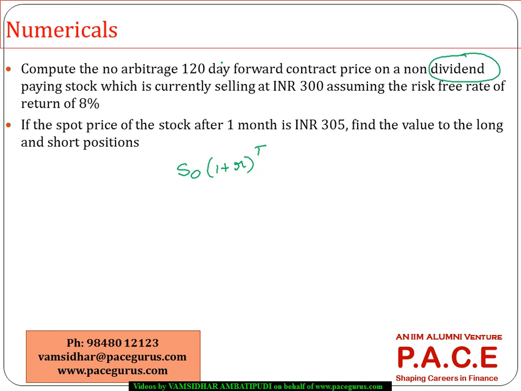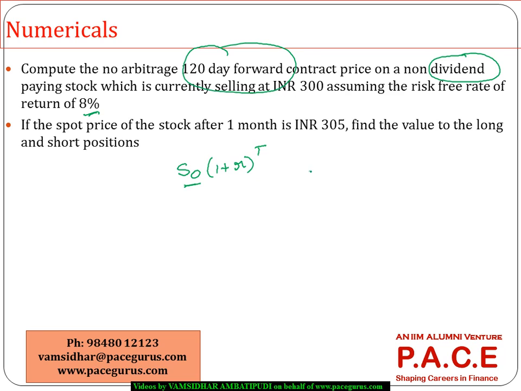So a no arbitrage 120-day forward contract means the expiry date of this forward contract is after 120 days, and the stock is currently selling at 300 bucks. So the spot price is 300 and the risk free rate is 8%.